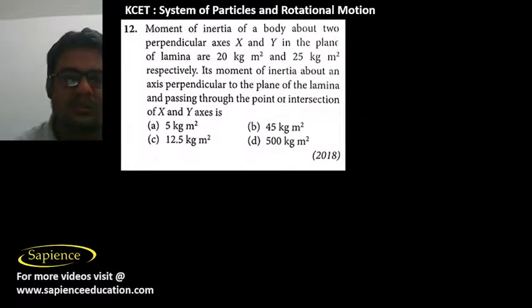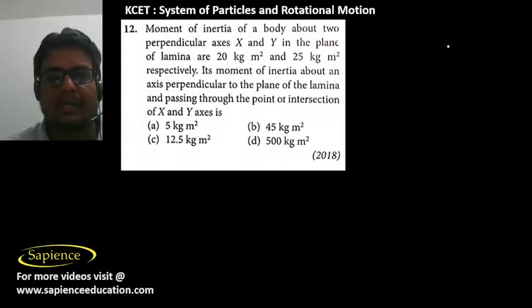Then it is told the moment of inertia of a body about two perpendicular axes in the plane lamina. One plane laminar object we are having, which means the thickness should be uniform throughout.